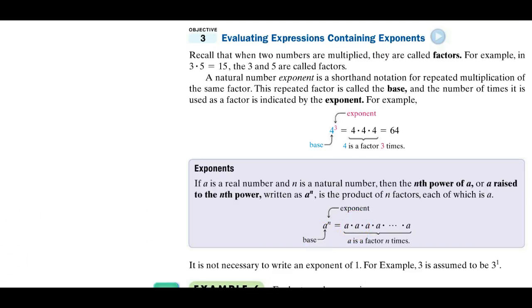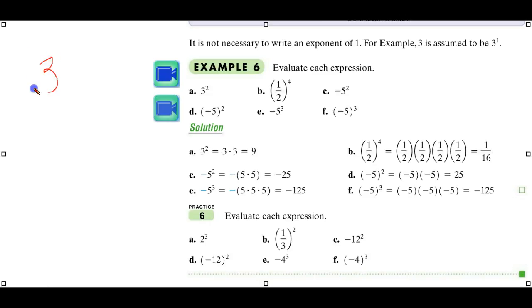So we'll do a little practice. Now, when you see the number 3, you might say, well, it doesn't have an exponent. Well, it does. For instance, every number and every variable has an exponent of 1. We just don't write it. If it's not 1, then we write it.